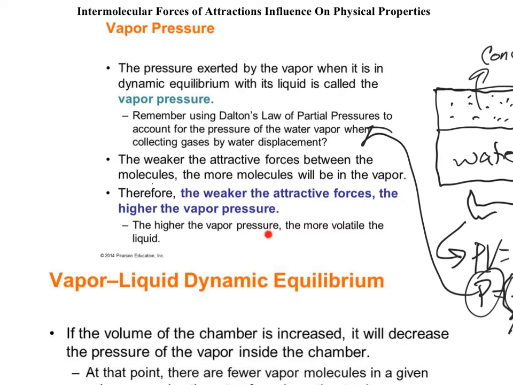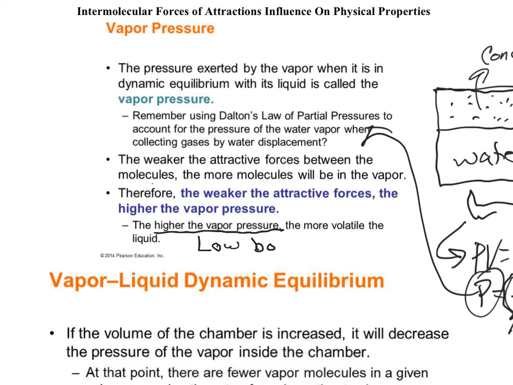So that's what we mean by vapor pressure. And this part will kind of trip you up, because I think people down the road get this mixed up. It turns out that things that have a higher vapor pressure have a lower boiling point.